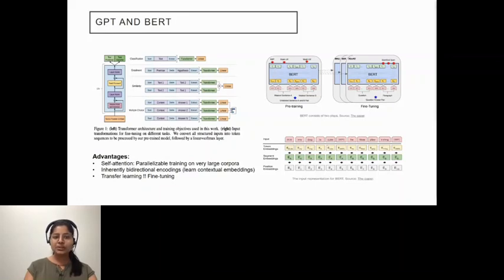So this is GPT, where you are fine-tuning for a particular problem. On the right, we have BERT. In BERT, two things are most important. One is how an input is represented, which is passed along for encoding.